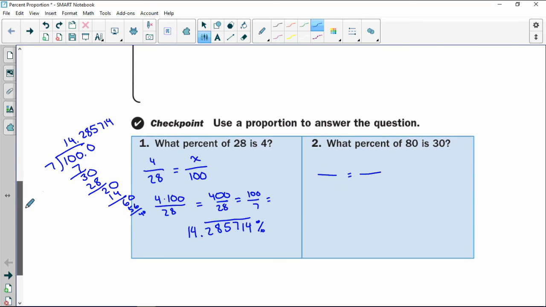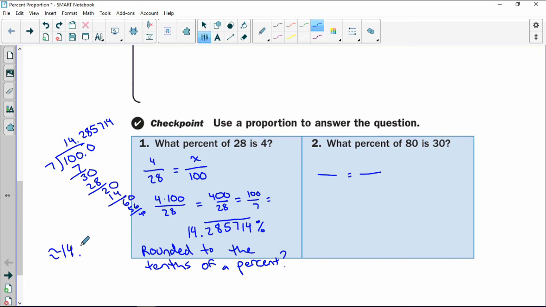If someone asks you to round that answer to the 10th of the percent, what would that be? So that would be approximately 14.3%.